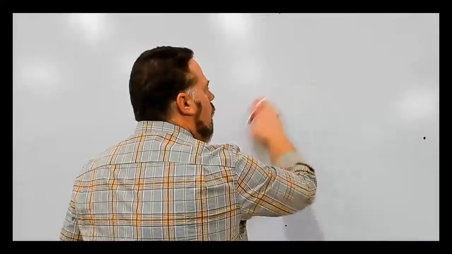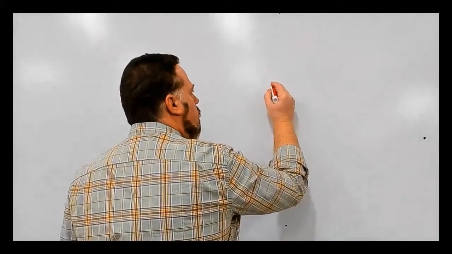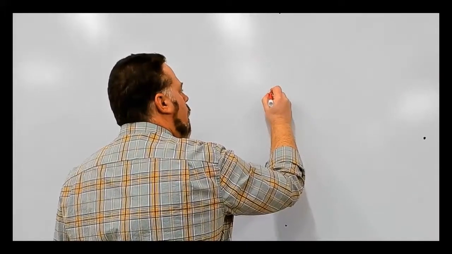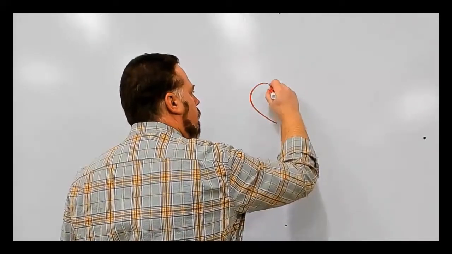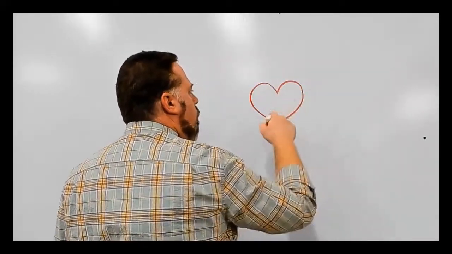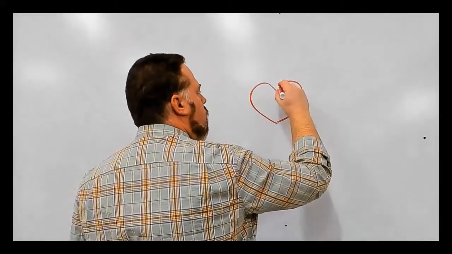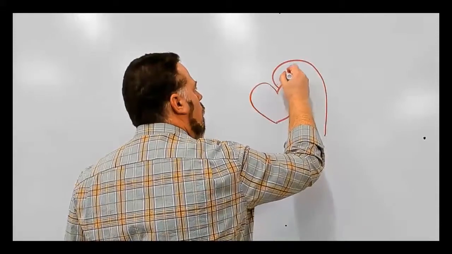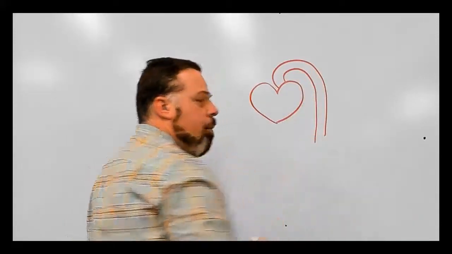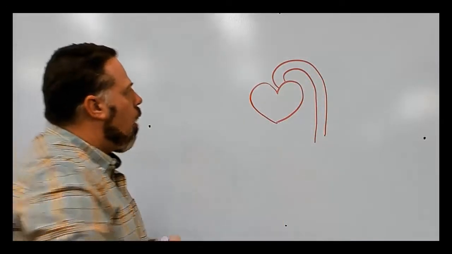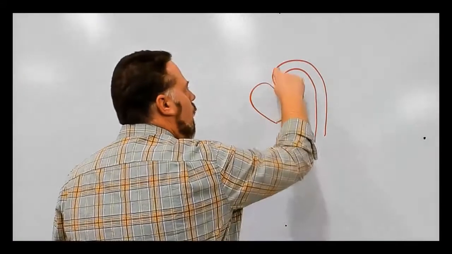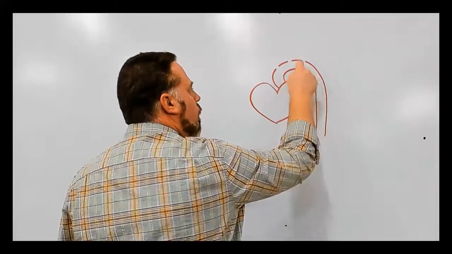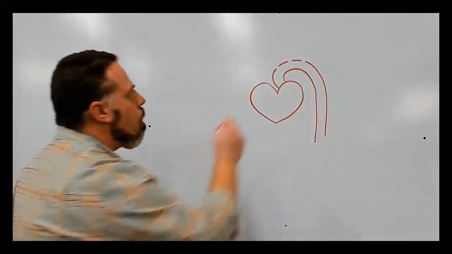So let's talk very briefly about how the human heart is. Just as a quick review, this is the human heart, and from the left ventricle, you're going to have the aorta. Now in the human, we have three branches coming off of the aortic arch.